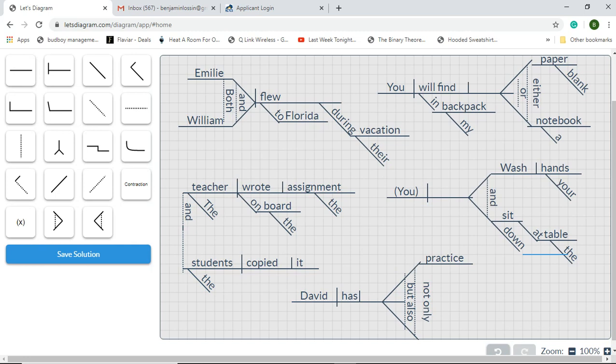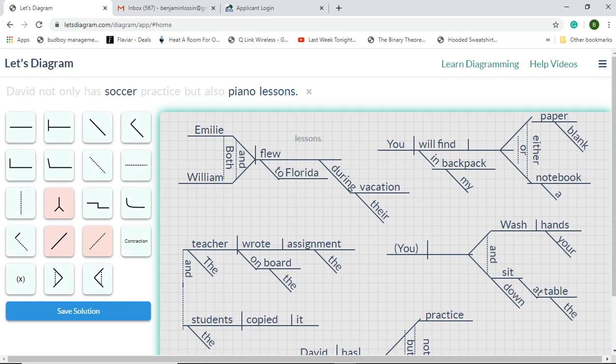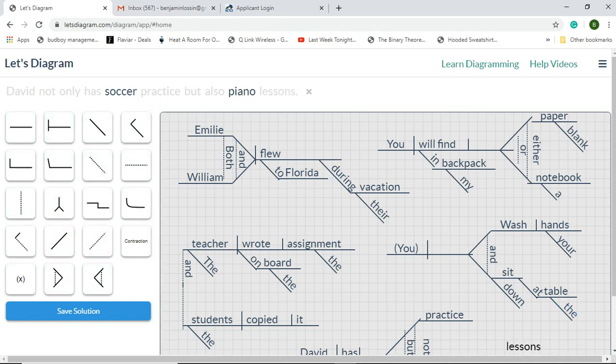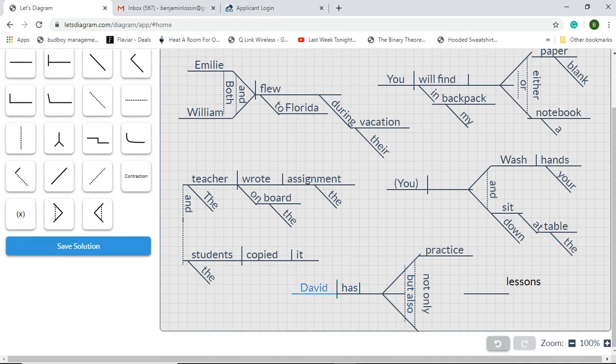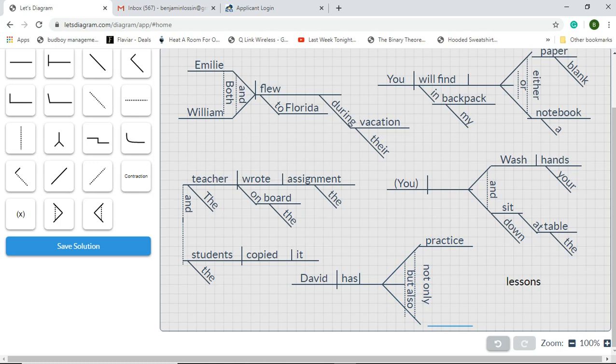Lessons. Okay. Lessons. It's gonna be a tight fit, you guys. I don't know if I got the space for this.